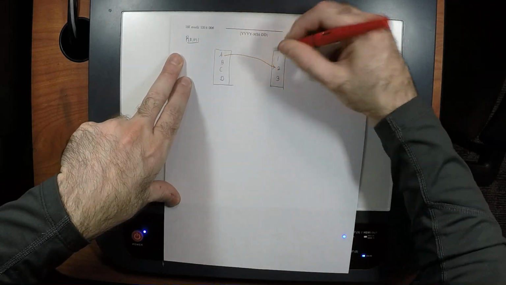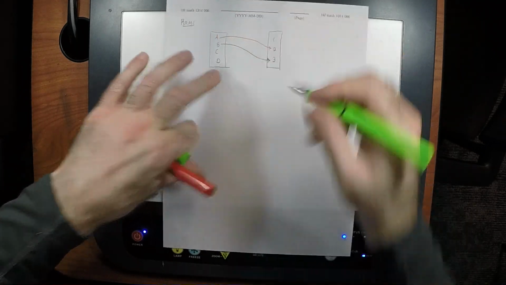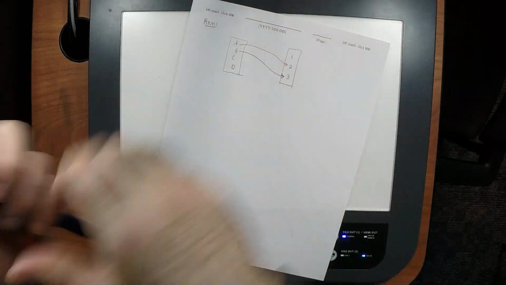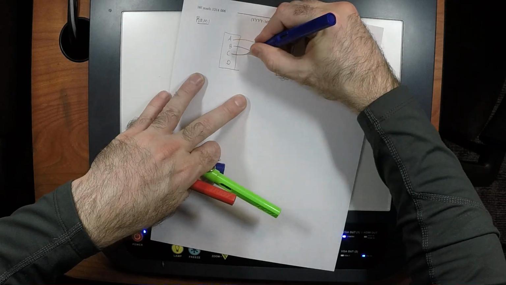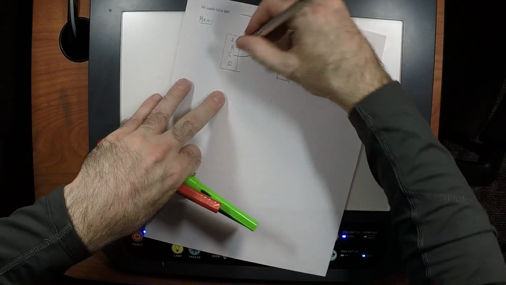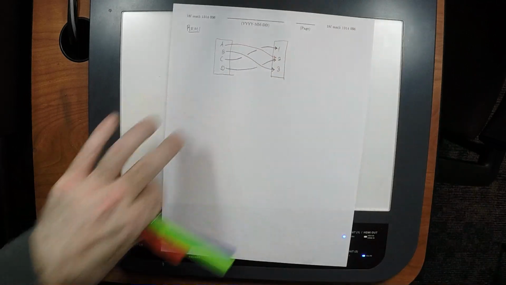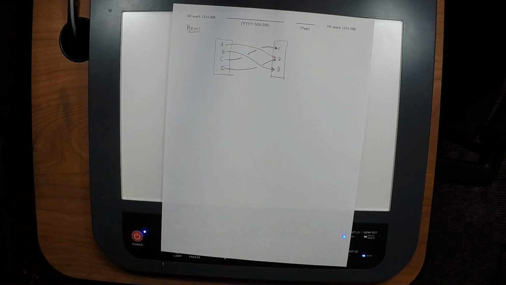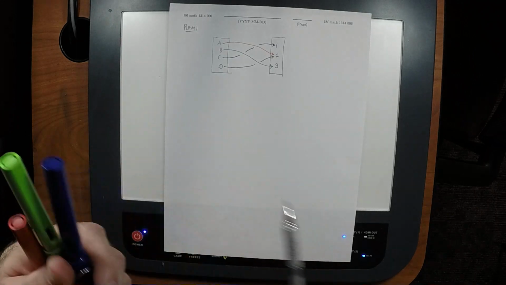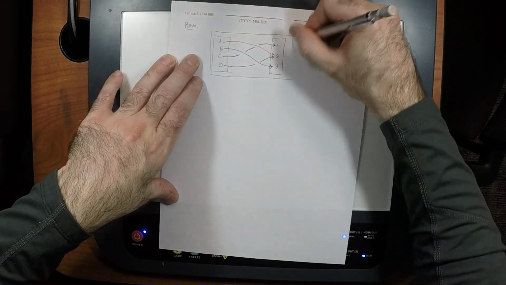So a to 2, b to 3, c to 1, and how about d to 2? All right. So this thing that I've drawn, is it a function? It is. Right. It is because there's one arrow leaving everything in the domain. So suppose that I wrap this all up in a neat bow and say that this is function f.